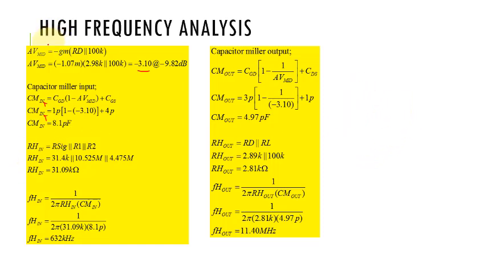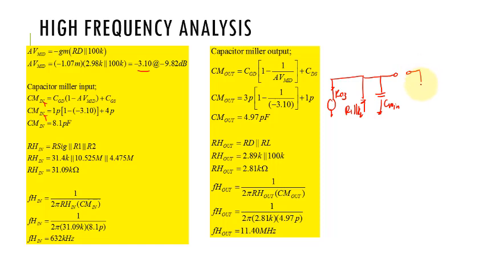Then we need to draw the AC equivalent circuit for the high frequency response. So basically it becomes like this. We have the resource, this one is R signal, then we have R1 parallel with R2, then we have one capacitor here, C Miller in.